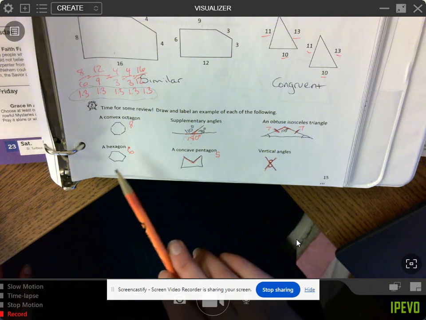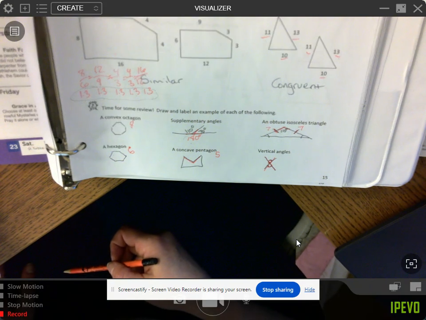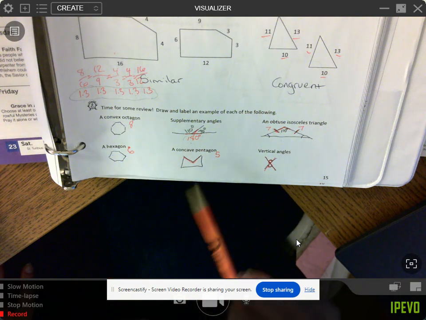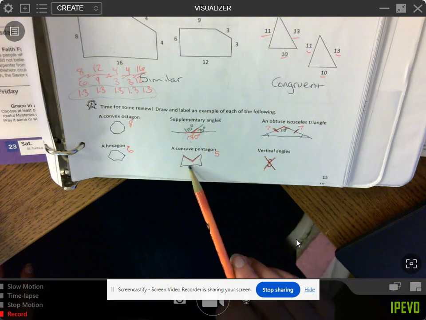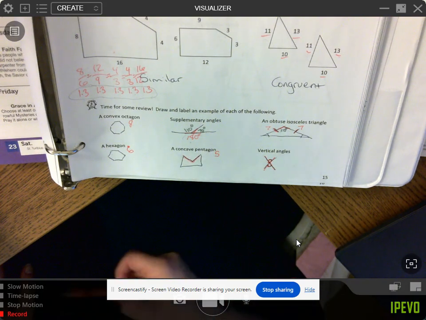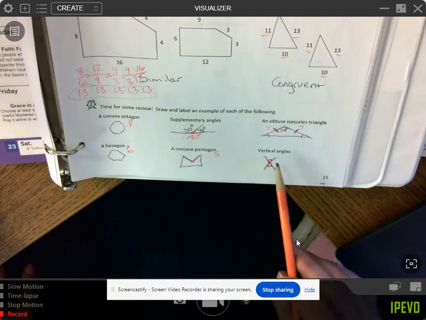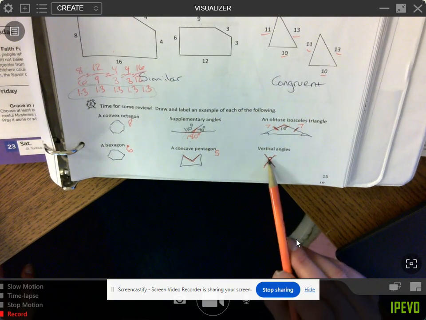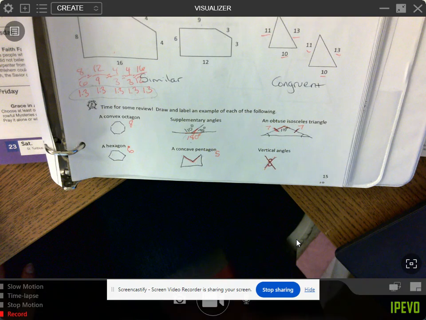On the bottom, a hexagon has 6 sides, so you needed to have drawn a 6-sided figure. Doesn't matter if it's convex or concave, just 6 sides, all closed off. Concave pentagon, we need 5 sides, and 1 side has to be caved in. Vertical angles, we've got that X. Vertical angles always have that X because they share that vertex, and the vertical angles are the ones opposite of each other.